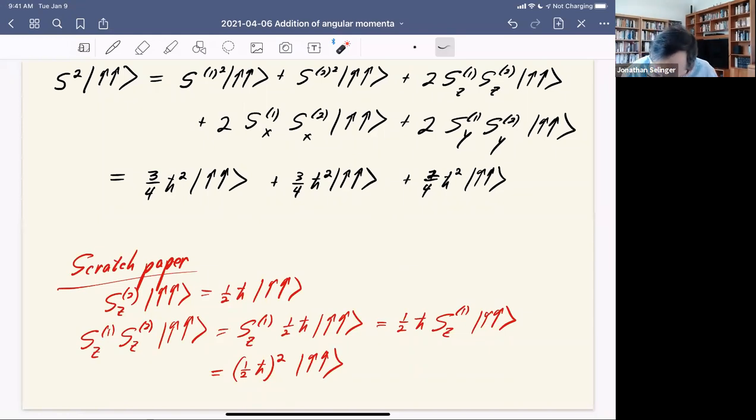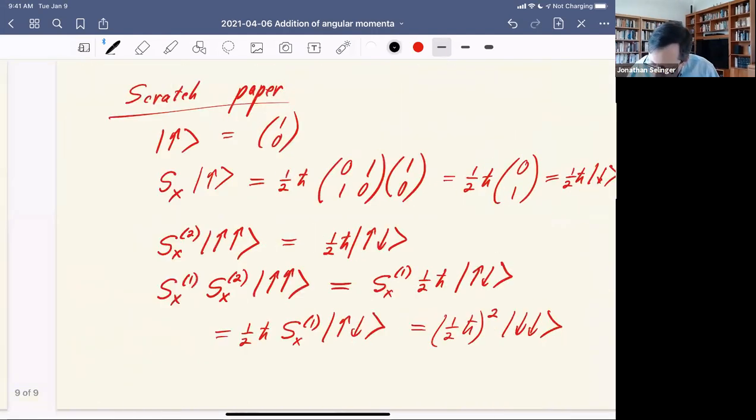So we get plus 2 times h bar squared over 4 times the state down, down. Okay, we good with this stuff? All right. So now let's do the same thing with the YY term.